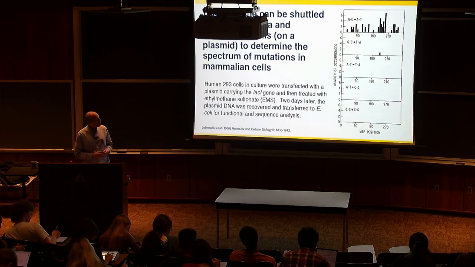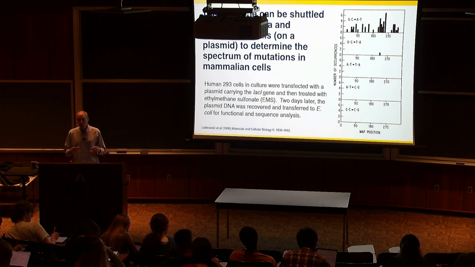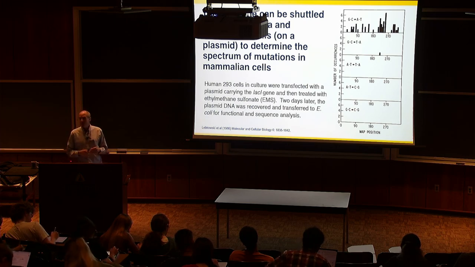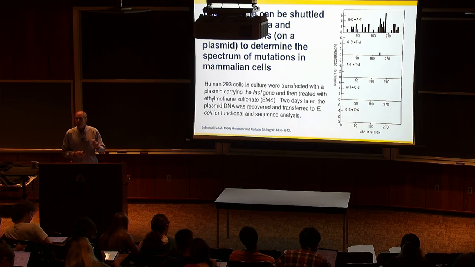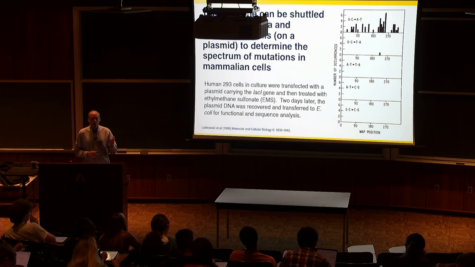Okay, now you might be wondering, since we've talked about E. coli and the lac repressor, what's the analog system for studying damage and mutagenesis in, for example, human cells? And here's one trick which is very simple and kind of clever, and that is basically to stick with the lac system, but simply put the DNA into mammalian cells, do the mutagenesis, and then allow time for the repair to happen in the mammalian cell, and then recover the DNA back into E. coli and analyze its sequence.